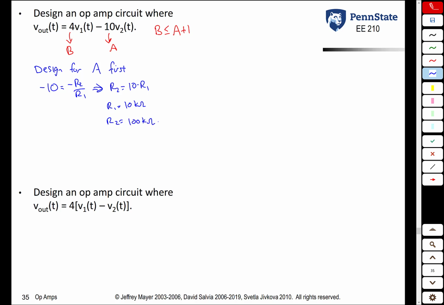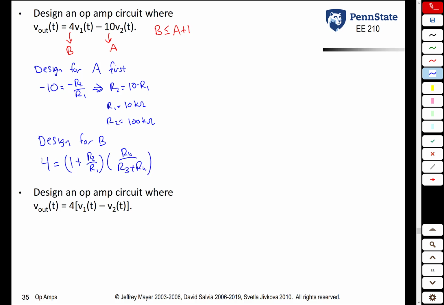It is not unique. Once you design for A, then you can design to get the B that you want. Here, we want our non-inverting gain of 4 to be what? It's 1 plus R2 over R1 times R4 over R3 plus R4.